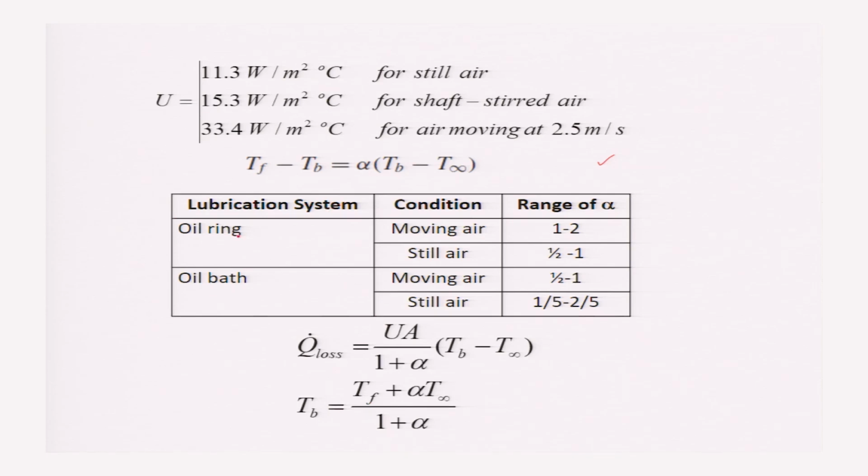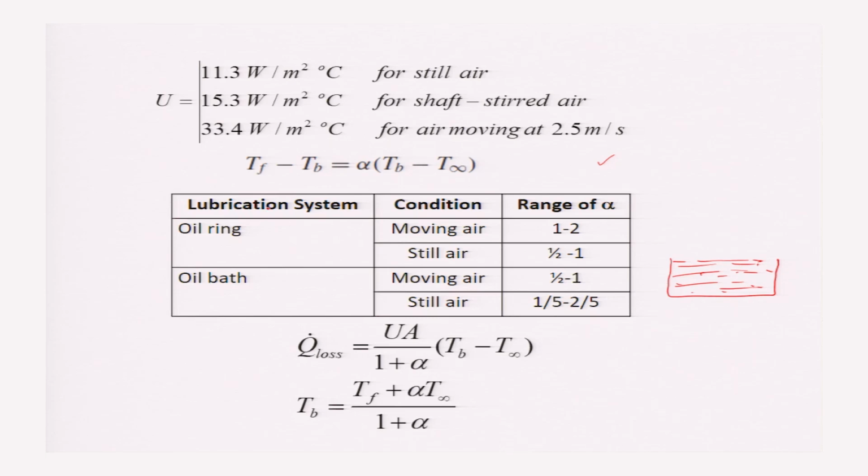If an oil ring or an oil bath is there, oil bath means you will have a bath and the lubricant is there and your bearing is inside this bath. And oil ring means all along the circumference of the bearing an annular ring is there, and through that lubrication is done.